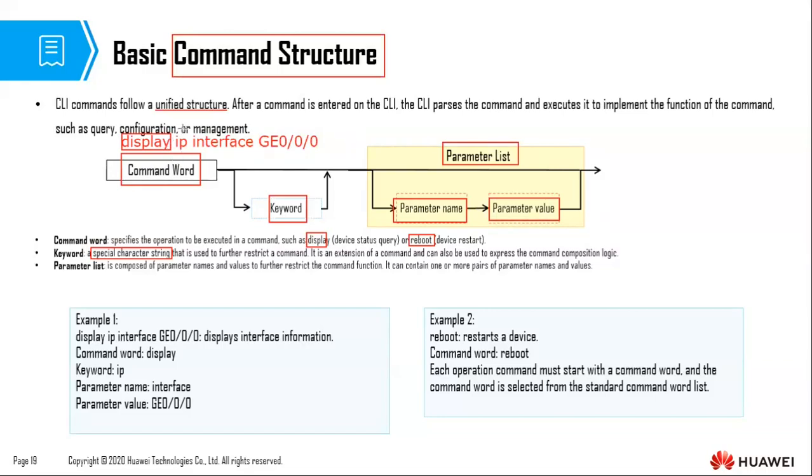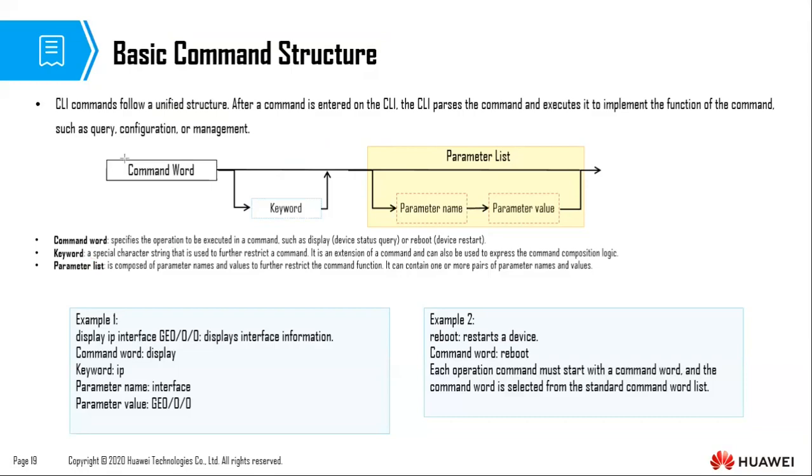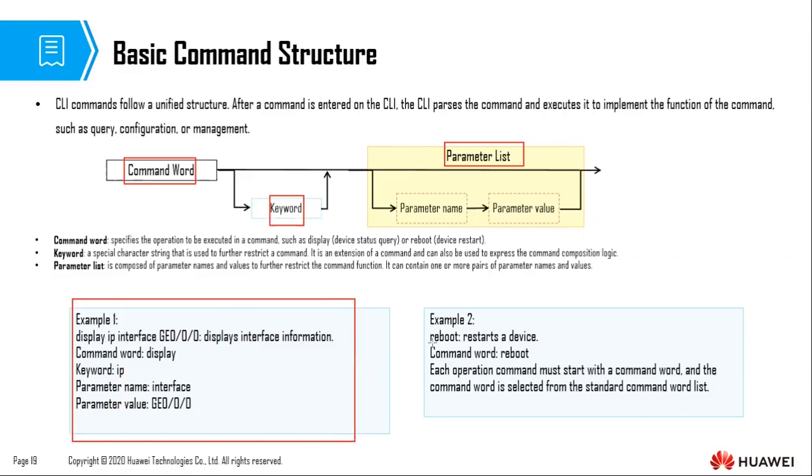The next bit is the keyword ip. Then the parameter name, interface, since we want to look at the interface. Then the parameter value, the number of that particular interface, gigabit Ethernet 0/0/0. So that is how the commands are structured. It's important that you remember this: you have a command word, just a single one. You can have one or more keywords, and you can have one or more parameters. That is the example being given here.